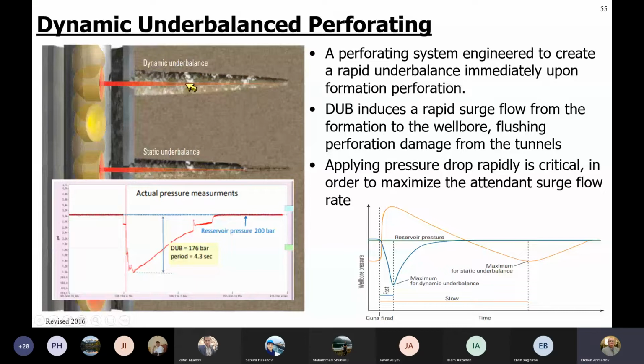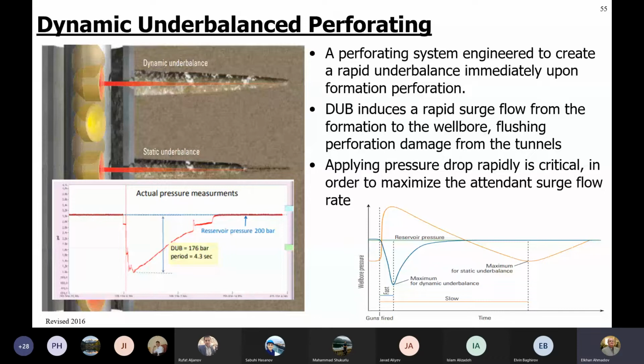With dynamic underbalance at the perforations, during a very short time we get a very high underbalance, 176 bar in this case, and then the pressure in the wellbore goes back to normal, so we don't get a very high static underbalance like in this case.